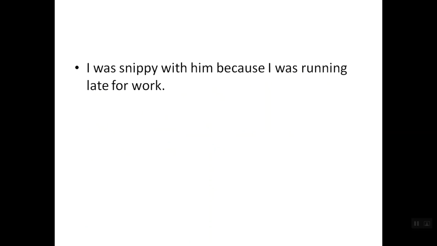I was snippy with him because I was running late for work. What kind of sentence is that? What type? 2 independent clauses? Is it a compound sentence? No, where is the conjunction? I can't see any conjunctions. Is there a semicolon? No. So it's not a compound sentence.